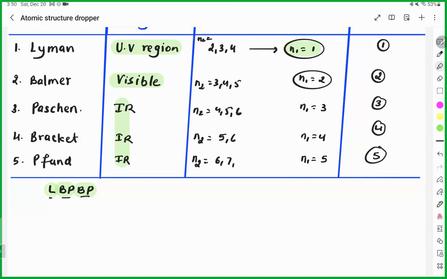No, sir. So now you can compare how it is produced in the different regions and the number of spectral lines.